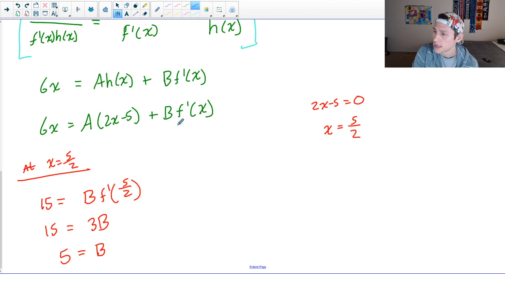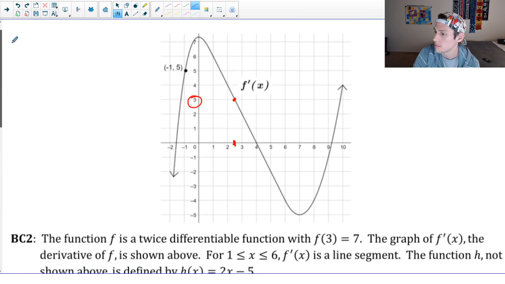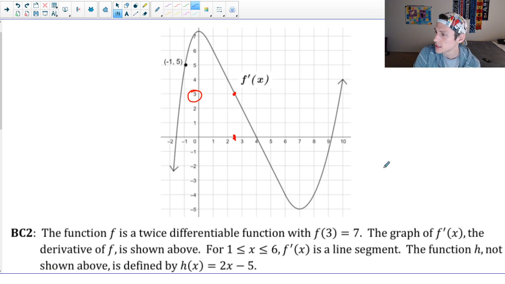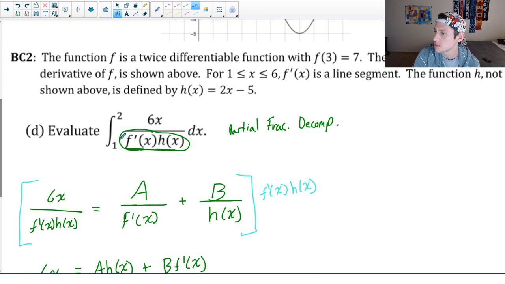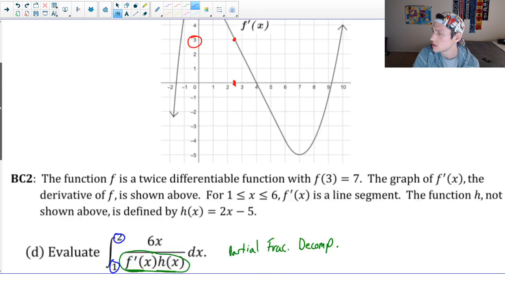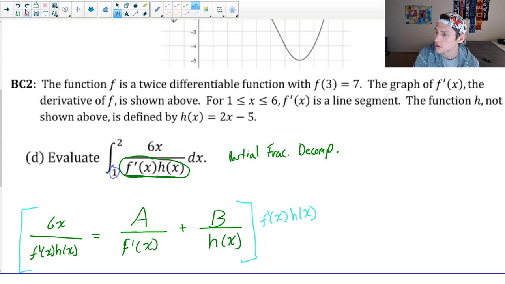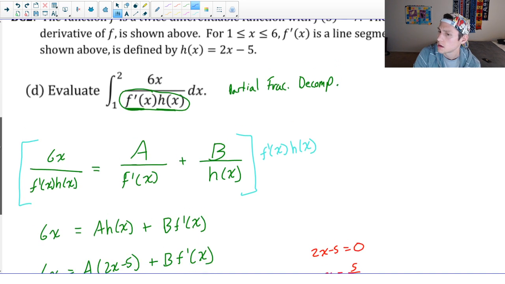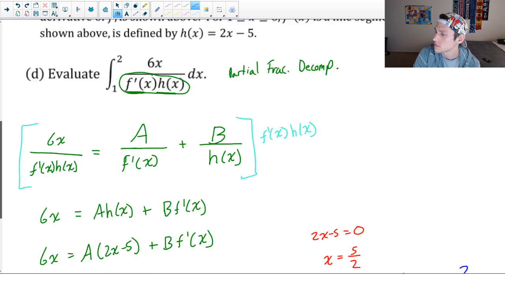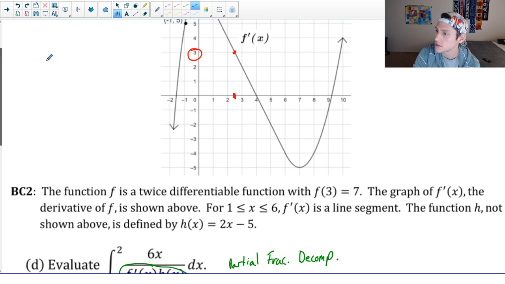Okay, next up, I can think about where this term is going to be 0. So where is f prime equal to 0? Well, let's just go straight up to f prime. It happens in a couple spots, but for this question specifically, we're talking about from 1 to 2. Or actually, no, hold on, sorry, that would be a different part. So I have different options.